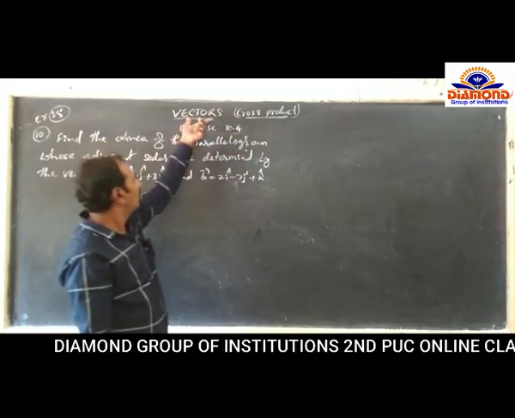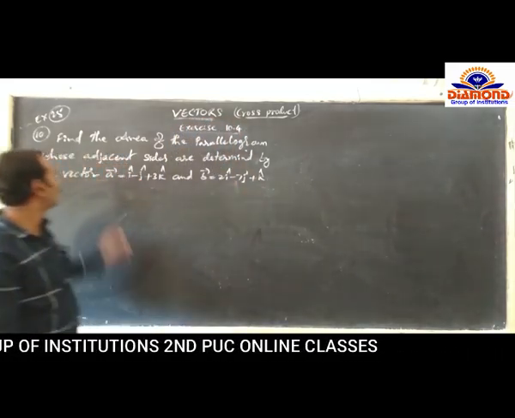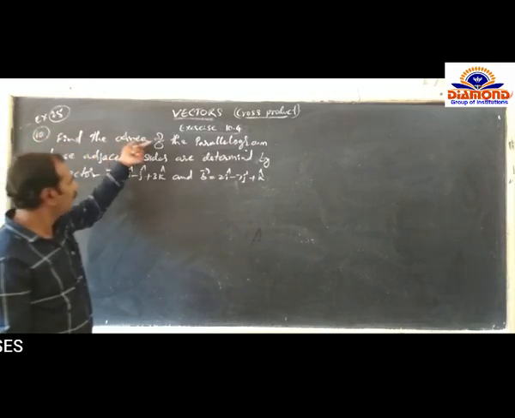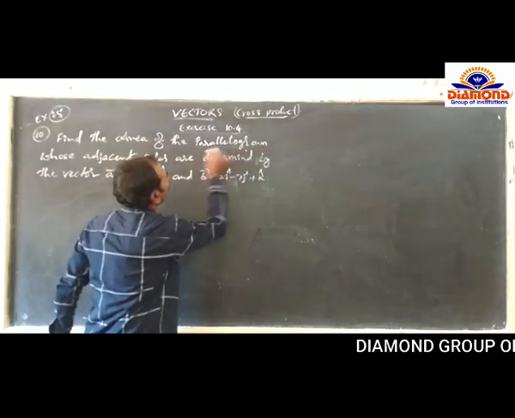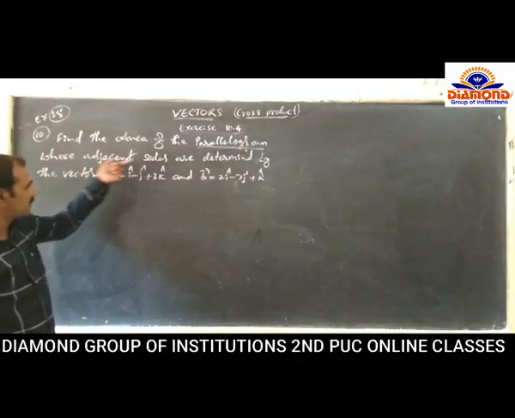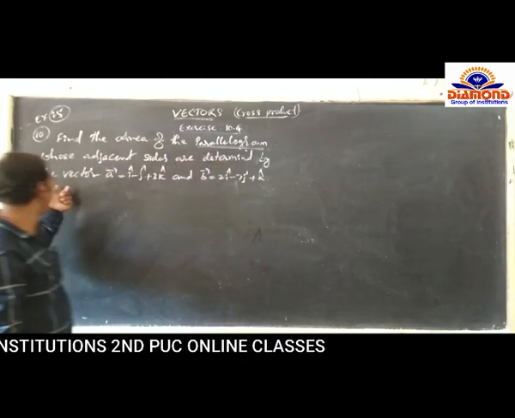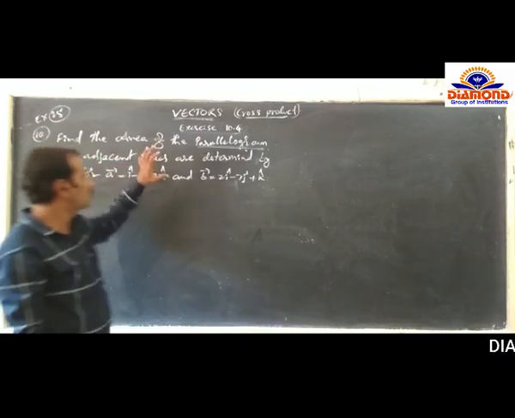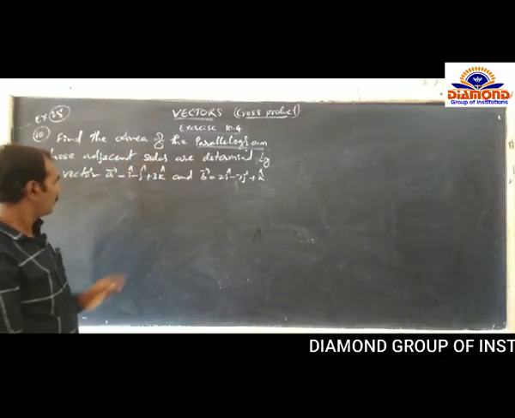Okay. In vectors cross product, 10th problem: find the area of the parallelogram whose adjacent sides are determined by the vectors A bar and B bar. So simple, easy way.